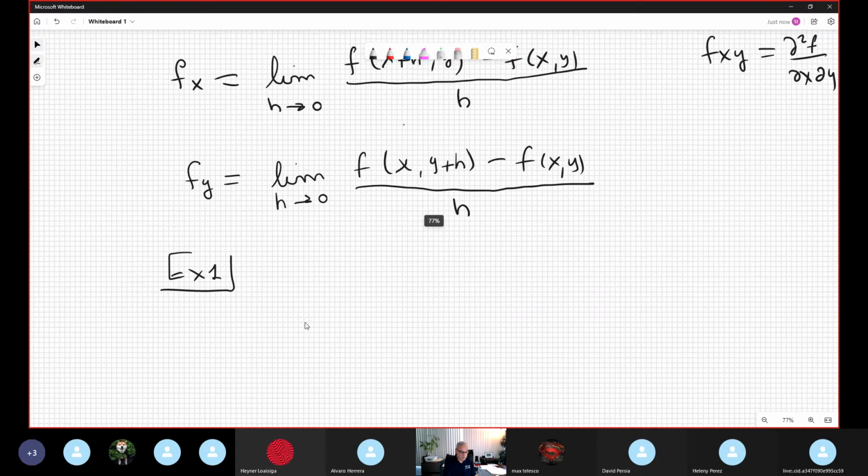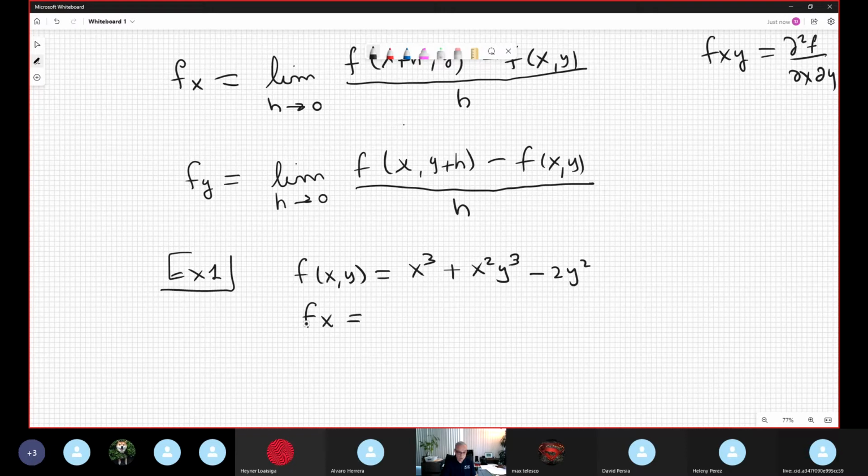Look, you have a function, not complicated, a polynomial, x cubed plus x squared y cubed minus 2y squared. I want to compute the partial derivative of f with respect to x.